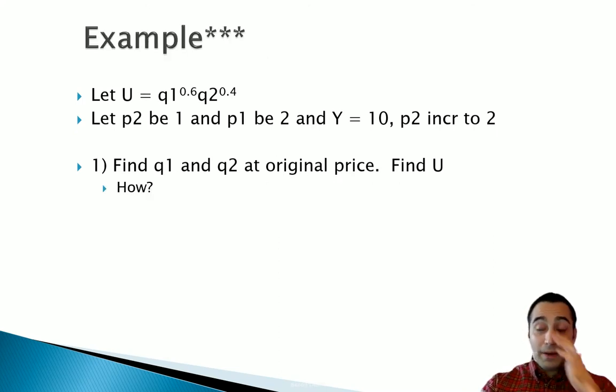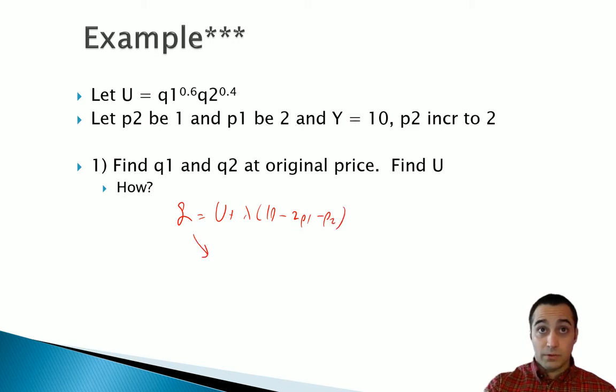So first thing we need to do is find our original maximum utility. Ask yourself, how can we do that? Hopefully the answer you've noted is, well, I've got Cobb-Douglas utility. That's one of our usual suspects. Pretty easy to solve that if we Lagrange it out. So you'll note that we have L equals U plus gamma, 10 minus 2P1 minus P2.